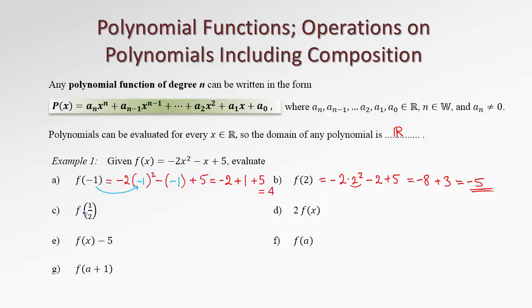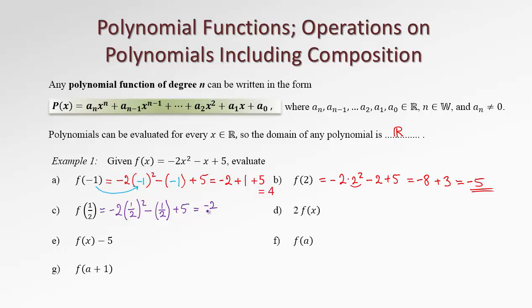Next, let's evaluate f of 1/2. So the same idea, however, this time we'll play with fractions a bit. Again, I will encourage you to try it on your own first. -2, in the bracket we have 1/2, square it, and then minus, put a bracket, that's 1/2, and plus 5, equals. So we have -2, and then it's times (1/2) squared, it's 1/4.